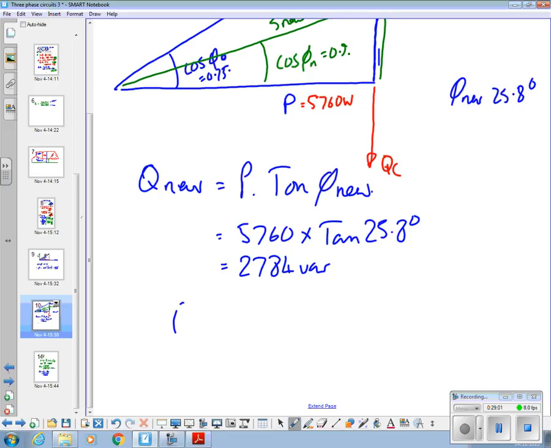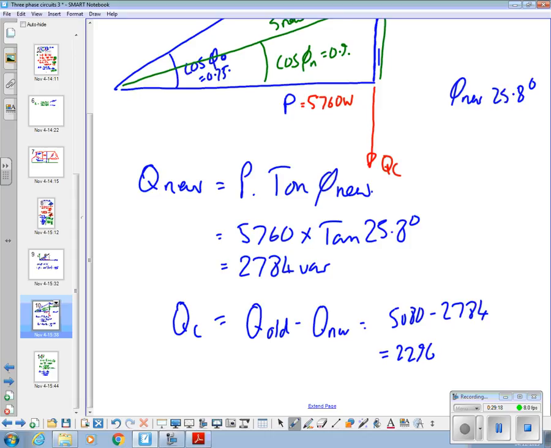Then from that, QC is Q old minus Q new, same as before: 5080 minus 2784 equals 2296 VAr. So it gives you the same answer, but I wanted to put that up for completeness so you see what's going on with the power triangle.